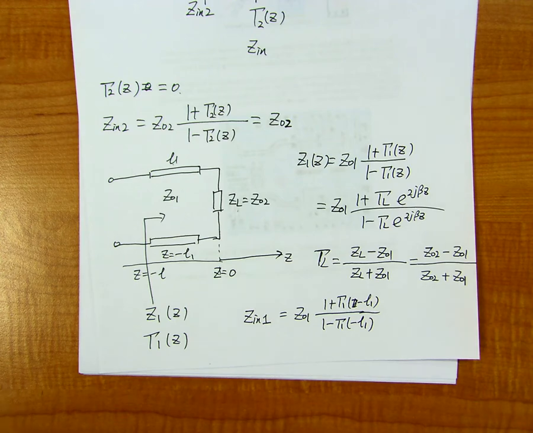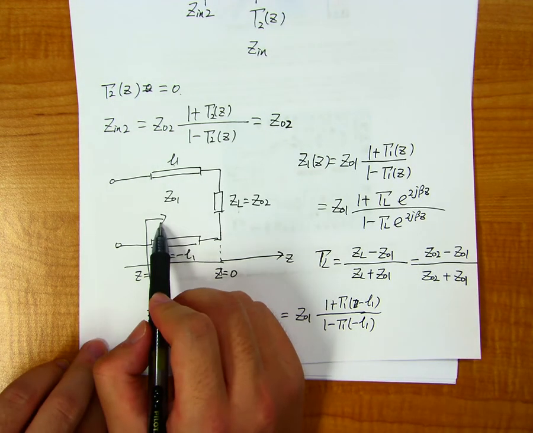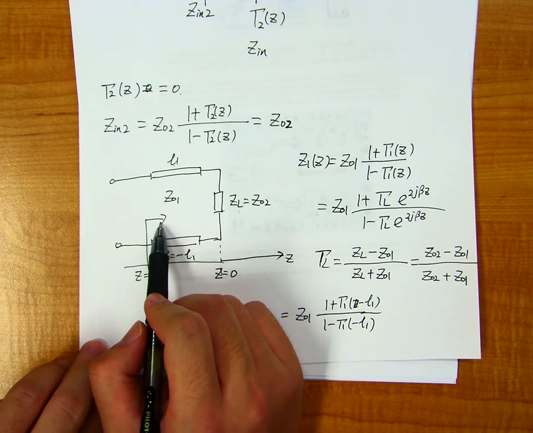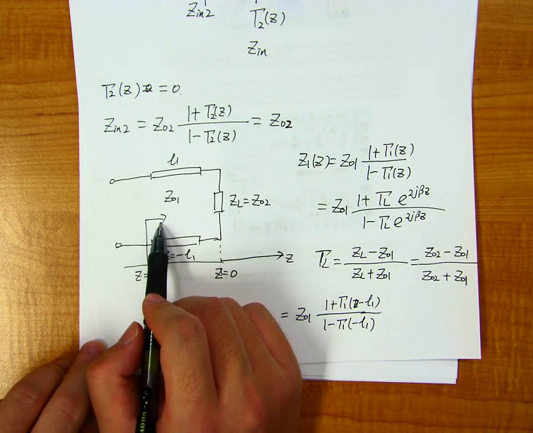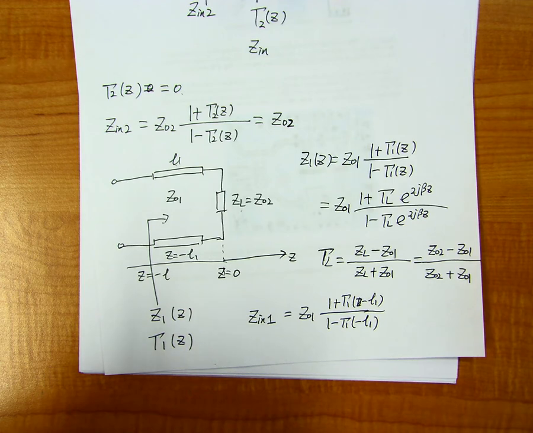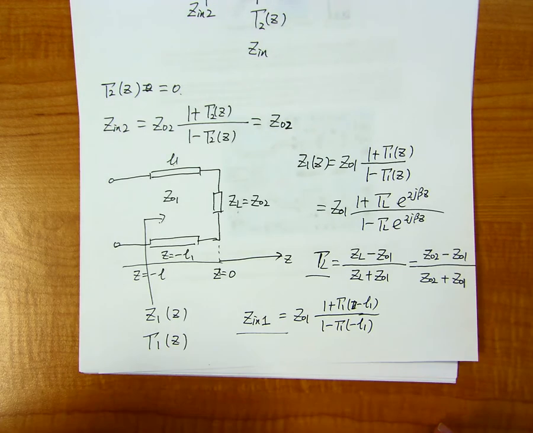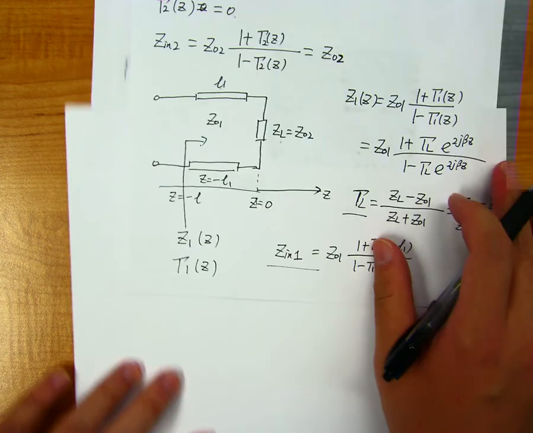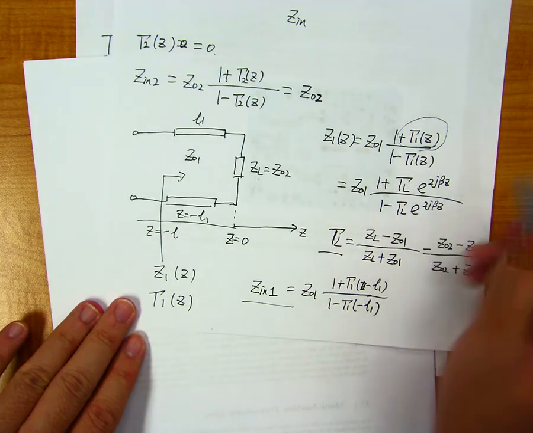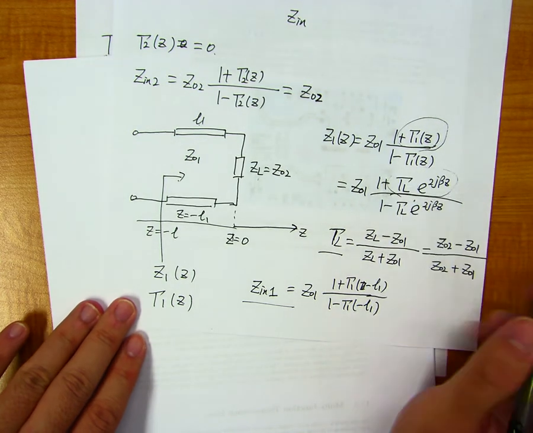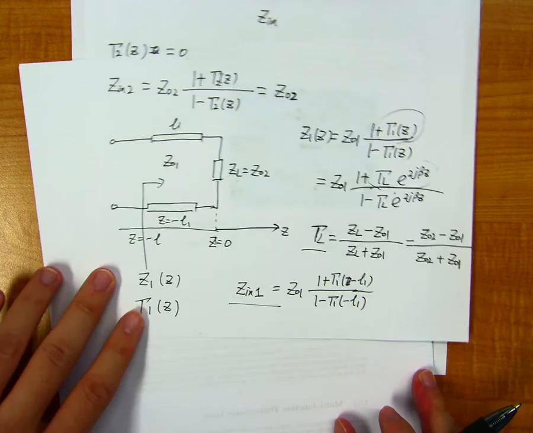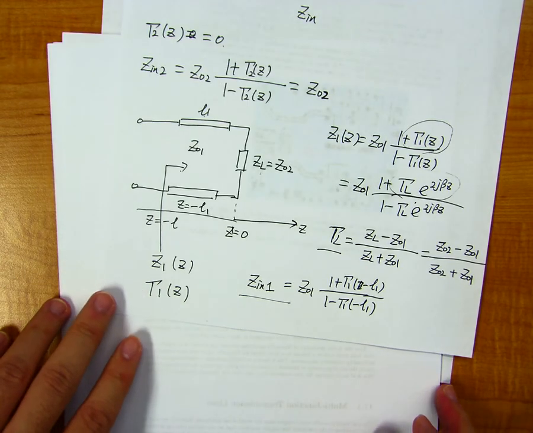Okay, so we can find the input impedance if we look from the first transmission line, Z01. We can find the input impedance, the reflection coefficient gamma 1 of z, which is gamma L times e to the 2j beta z. We just learned everything from lecture 16.